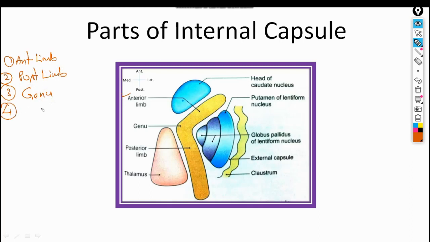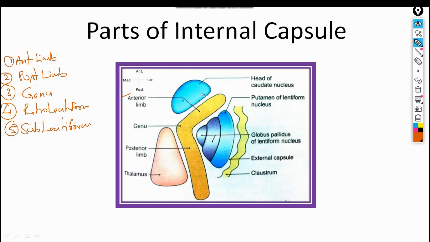Fourth is the retrolentiform part. And fifth, the sublentiform part. Clear? Before this, get familiar with the structures which make the boundaries.